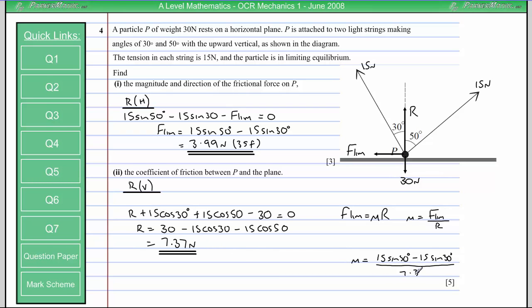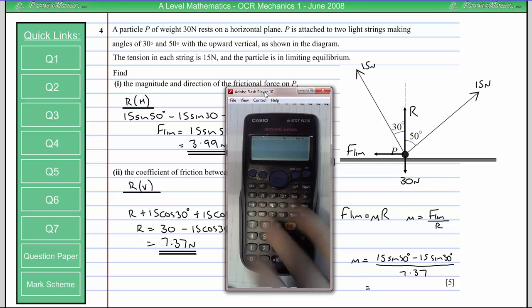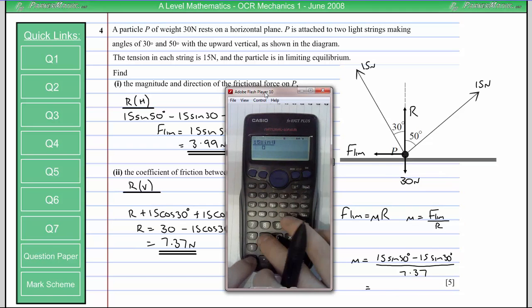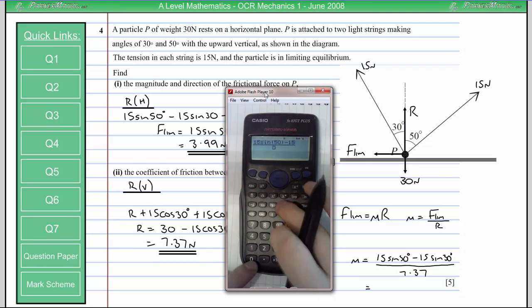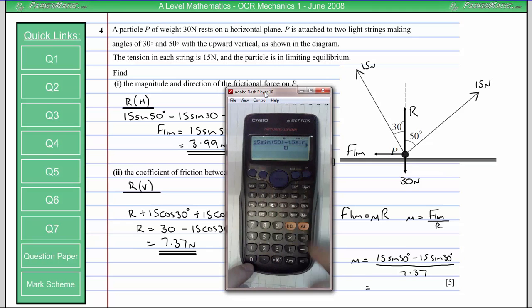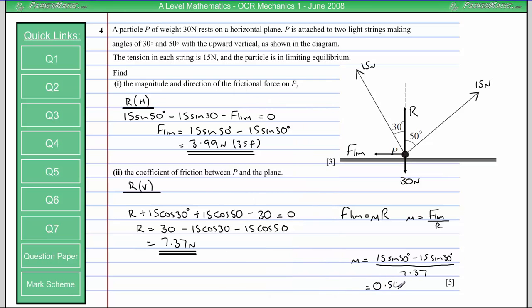I'm going to put 7.37, but I'm actually going to use the answer button on my calculator. So I'm going to get 15 sine 50 minus 15 sine 30, all divided by my answer from the last question, which gives me 0.542 to three significant figures.